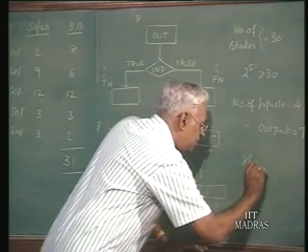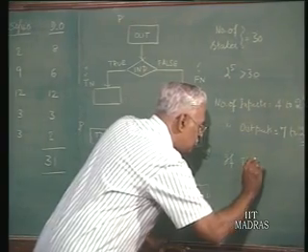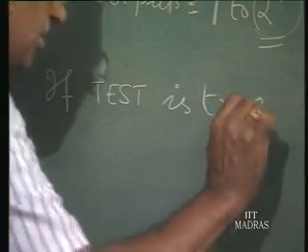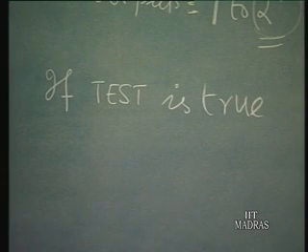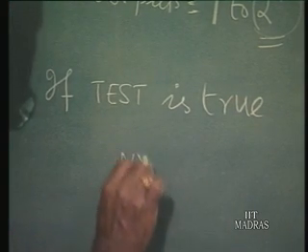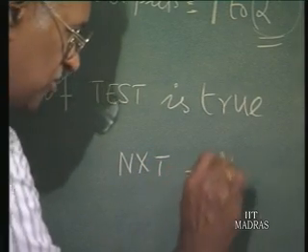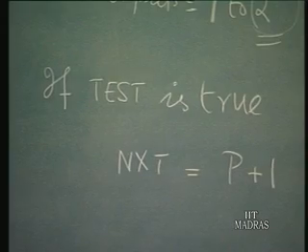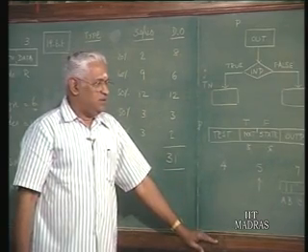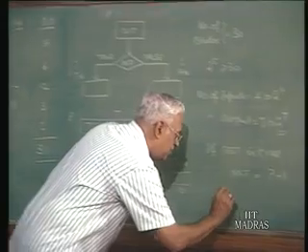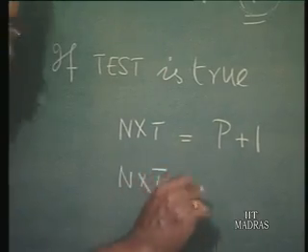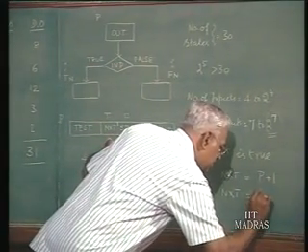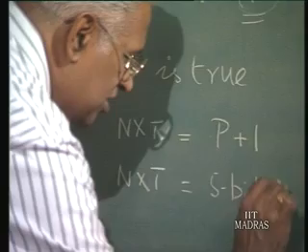If test is true, then the next state will be, let us say, the present state plus 1, which you do not have to indicate anywhere. Otherwise, the next state is as given by the 5-bit field, that is, whatever is given in the 5-bit next field.